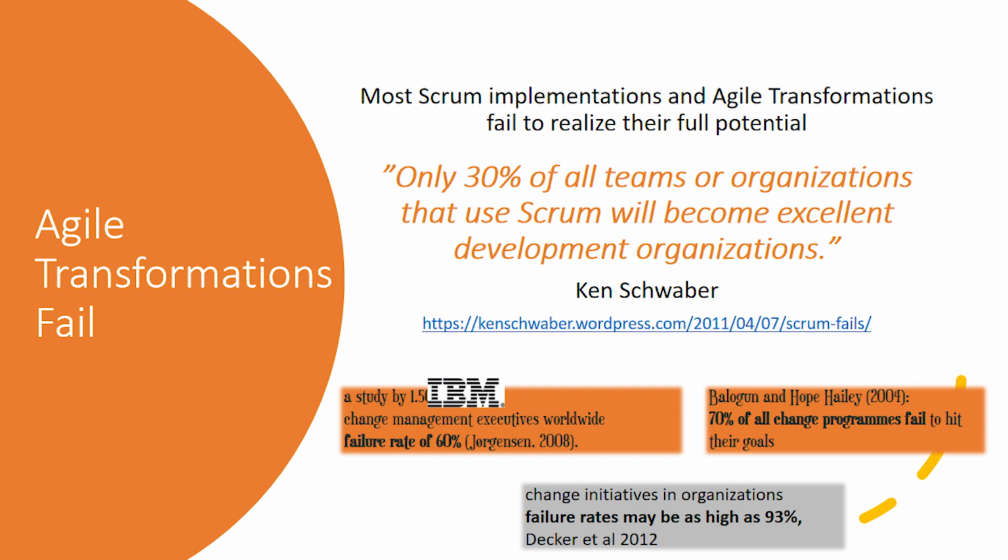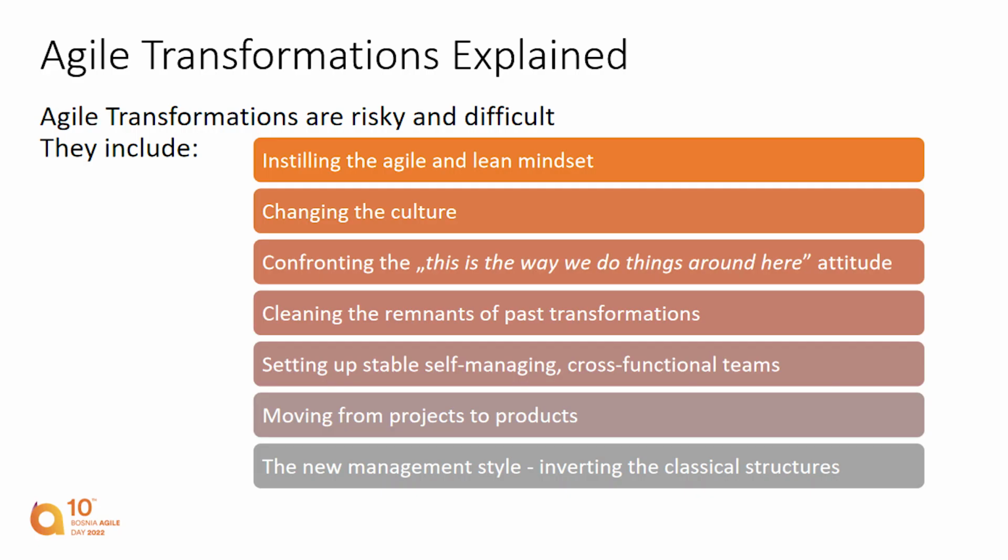So why do these transformations fail? What is it that is so difficult in regards to the transformation? Well, you have to change the company culture. You have to change the ways they work. You have to deal with this-is-the-way-we-do-it-around-here type of thinking. You need to help them change their behaviors, and also to restructure the organization in such a way that will encourage that changed behavior.